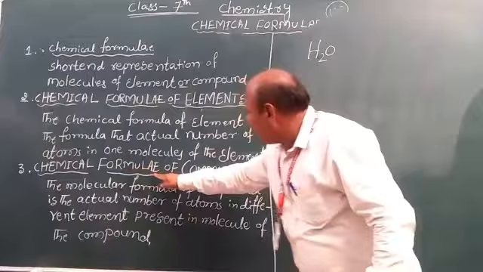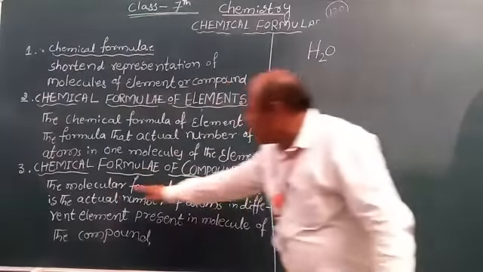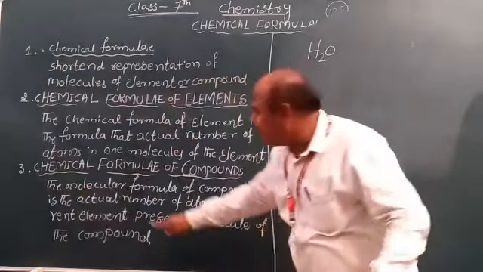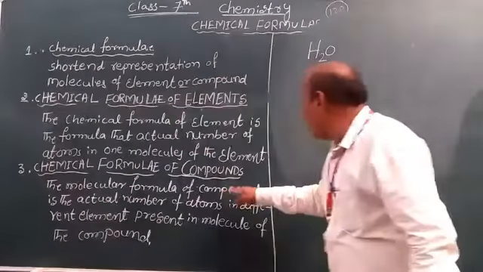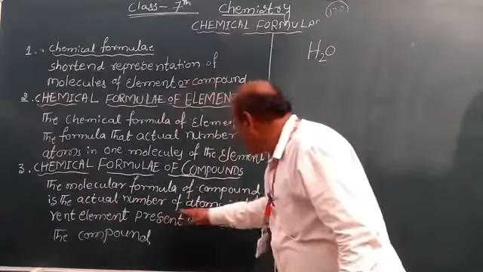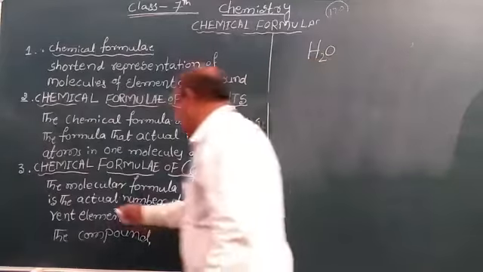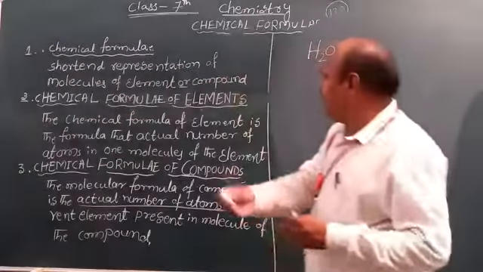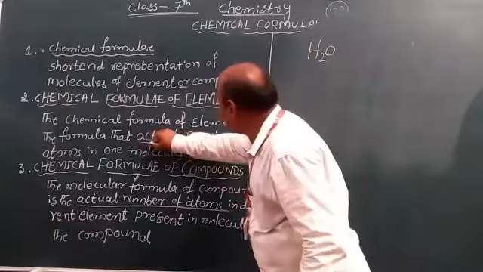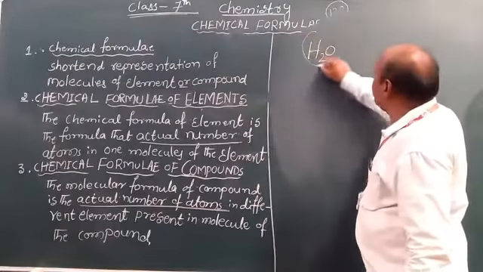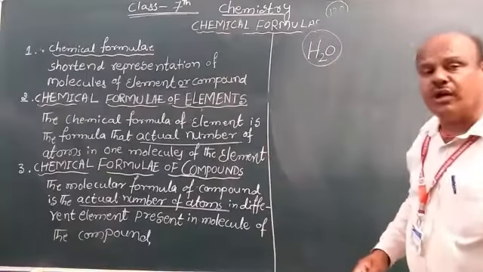Here, the chemical formula of a compound means the molecular formula, not the atomic formula. The molecular formula of a compound gives the actual number of atoms. It is very important. How many atoms are present in one molecule of water?